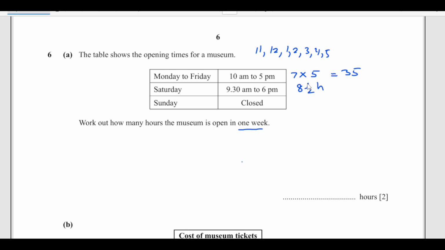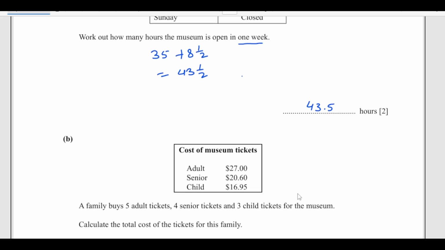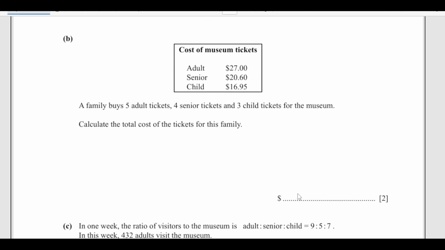And then Sunday is closed, so we are just going to add this one, 35 plus 8.5, that is 43.5 hours. Okay. Now part B, cost of museum tickets, adult, senior and child, there are different prices here.